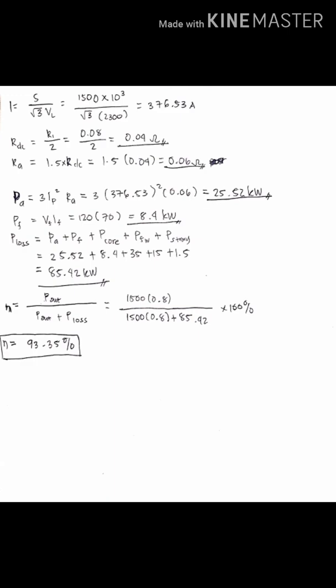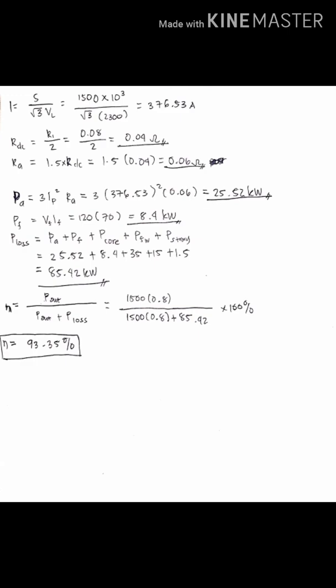So I is 376.53 amperes. Then, next is to find the RDC. RDC is equal to R sub 1 over 2, where R sub 1 is 0.08 over 2. So RDC is equal to 0.04 ohm.